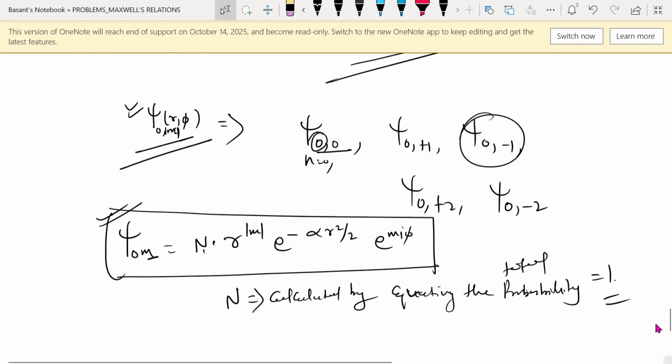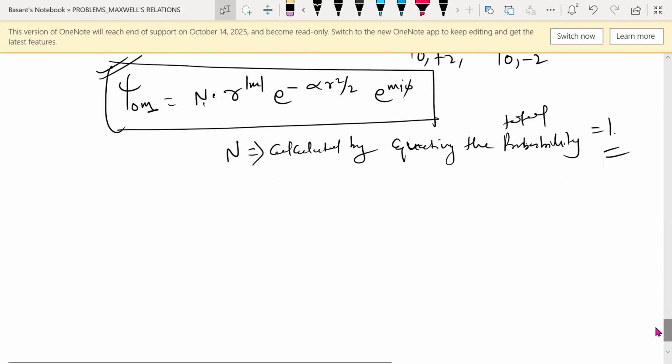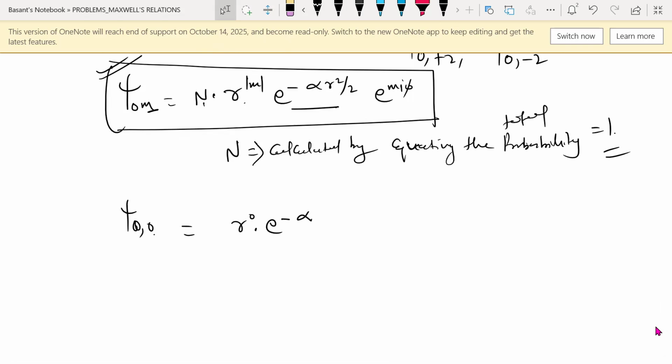So I have taken the simplest example, 0, 0. So for the 0, 0 state, you can write r to the power 0 and e to the power minus alpha r square by 2 and e to the power 0, that is m is 0, so this is 1.